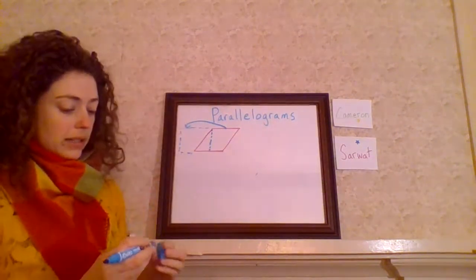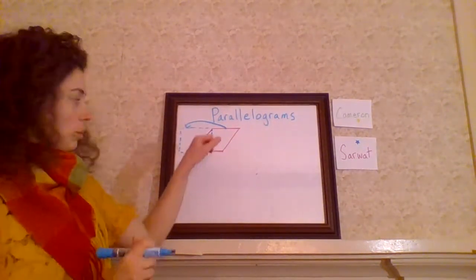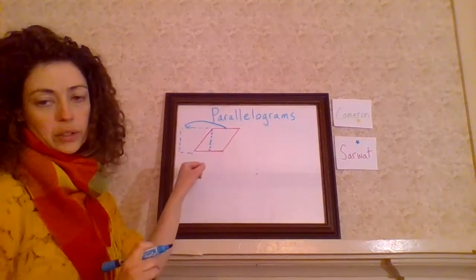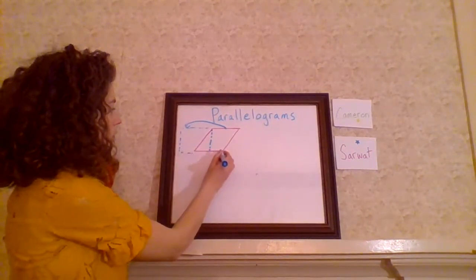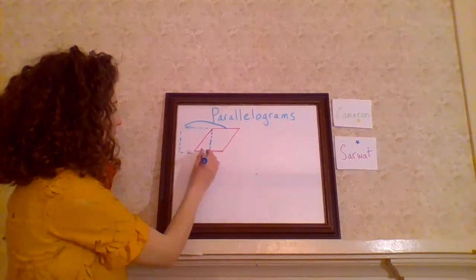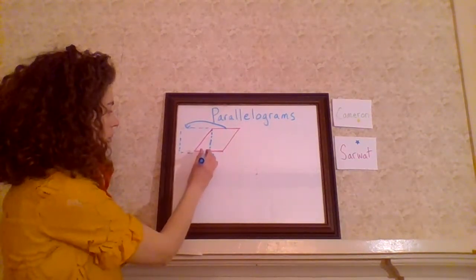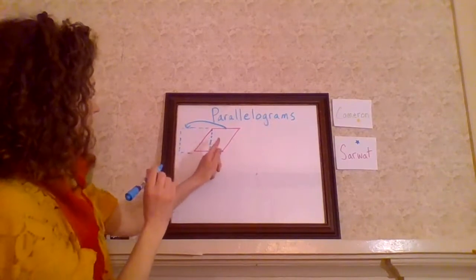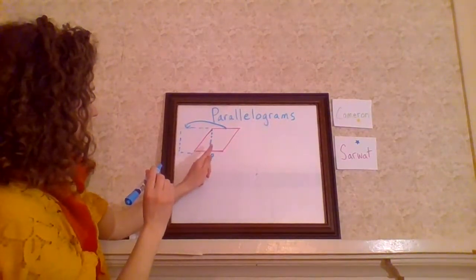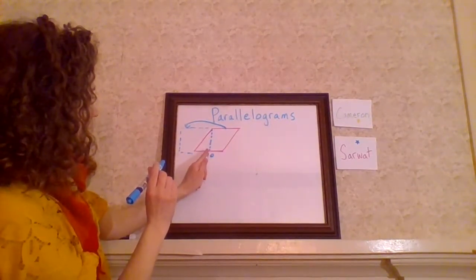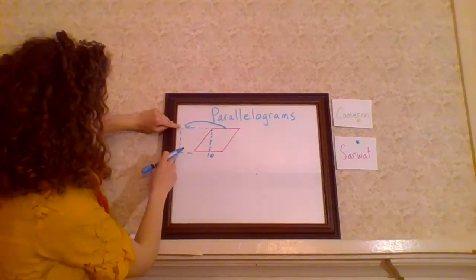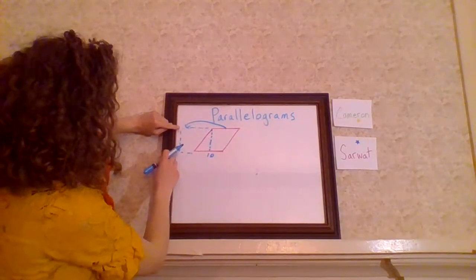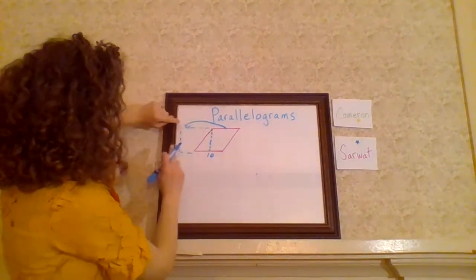So let's think how we could find the area. Remember, how do you find the area of a rectangle? Length times width. We could take this whole length here, which was 10, so that will also be 10, and we can think, what is this number here?